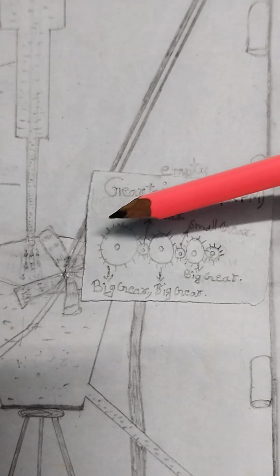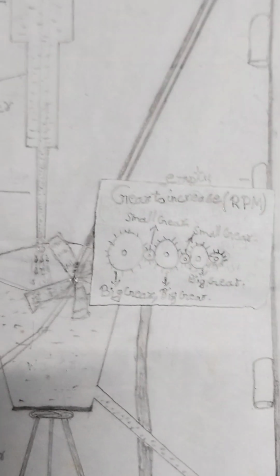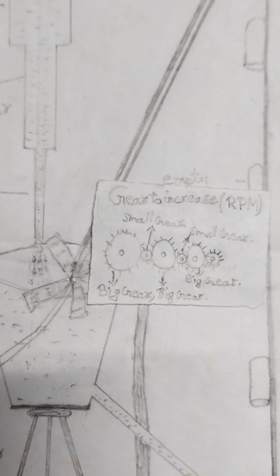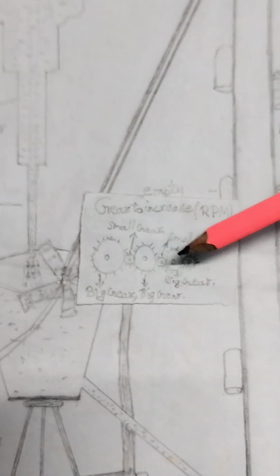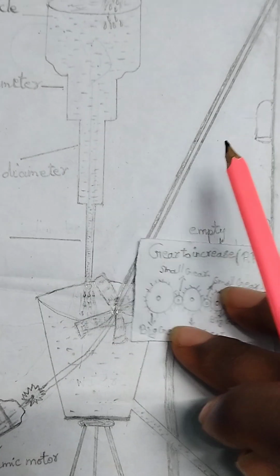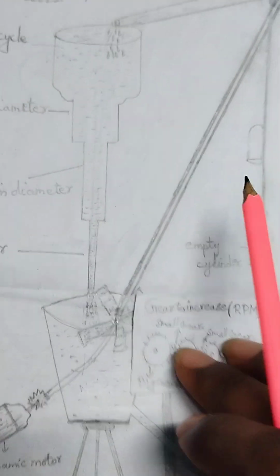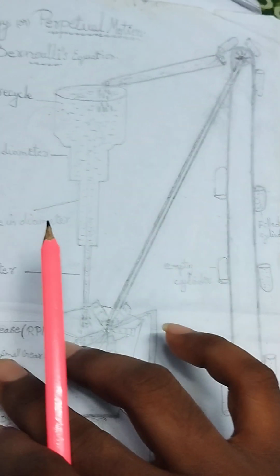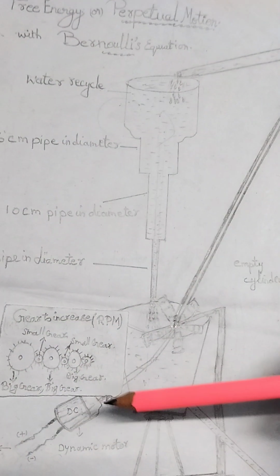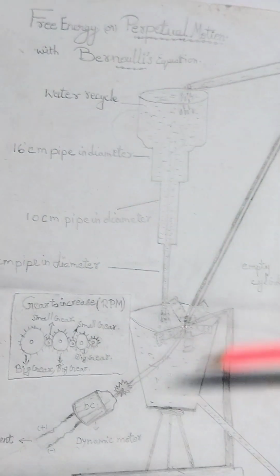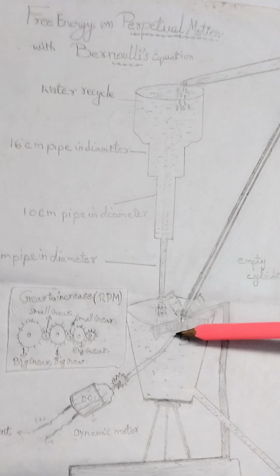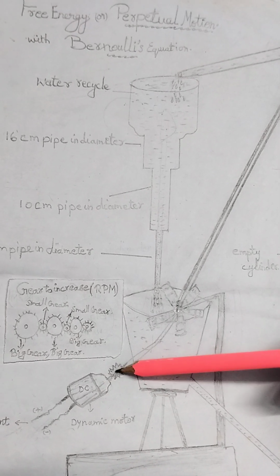When our vehicles move, it's all because of gears. Why I am showing this is to attach this gear before the motor. Another try you can do: I told you to attach this to this motor, right?